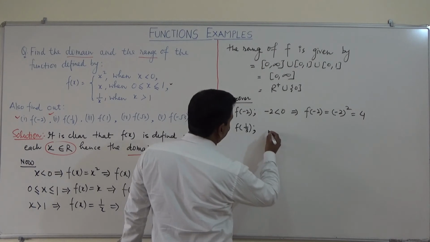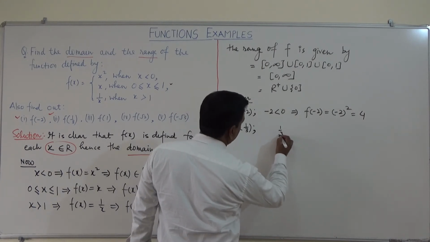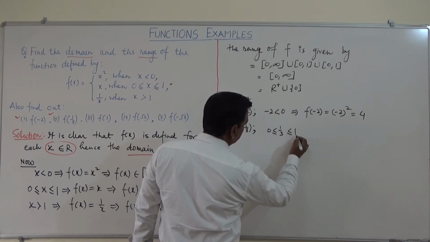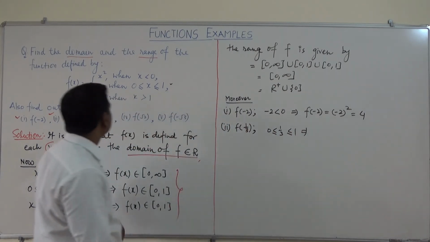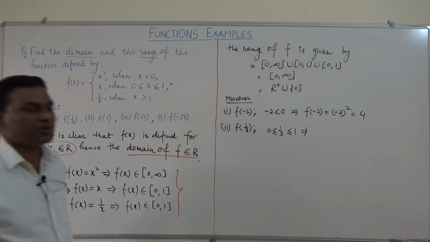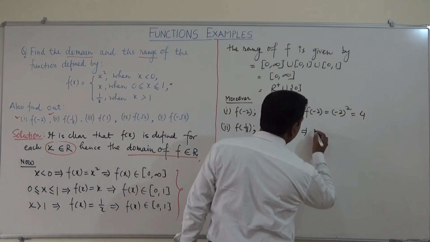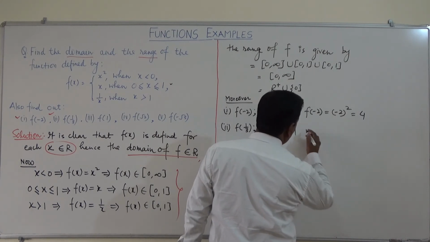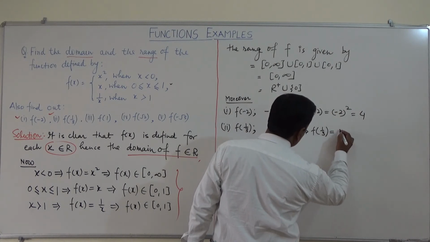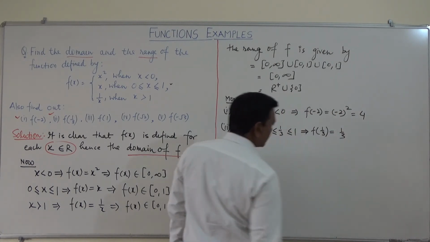So we can say this 1 upon 3 is greater than equals to 0 and less than equals to 1, implies that f(x) equals to x, it means f(1/3) equals to 1 upon 3.